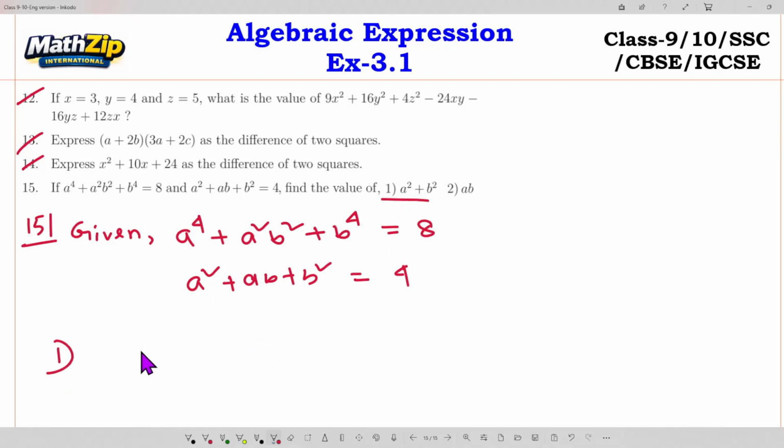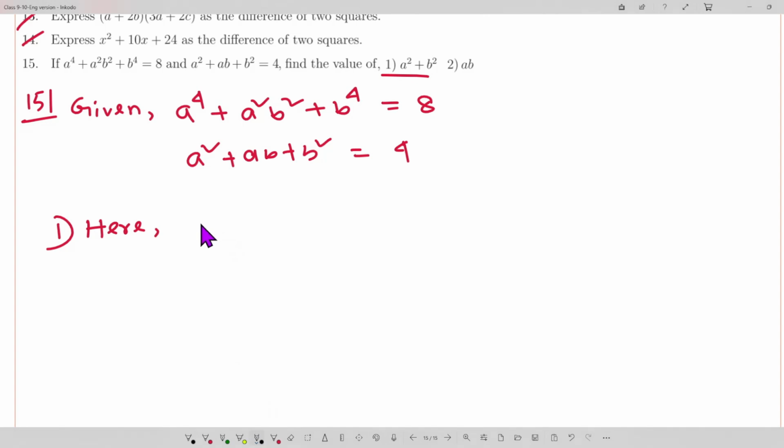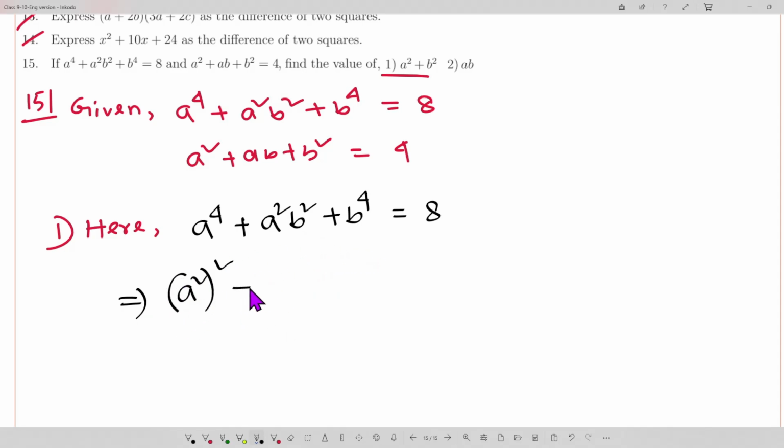Number 1, here a to the power 4 plus a squared b squared plus b to the power 4 equals 8. If we want to make this one a formula, we can write (a squared plus b squared) whole squared, which is a to the power 4 plus 2 a squared b squared plus b to the power 4.